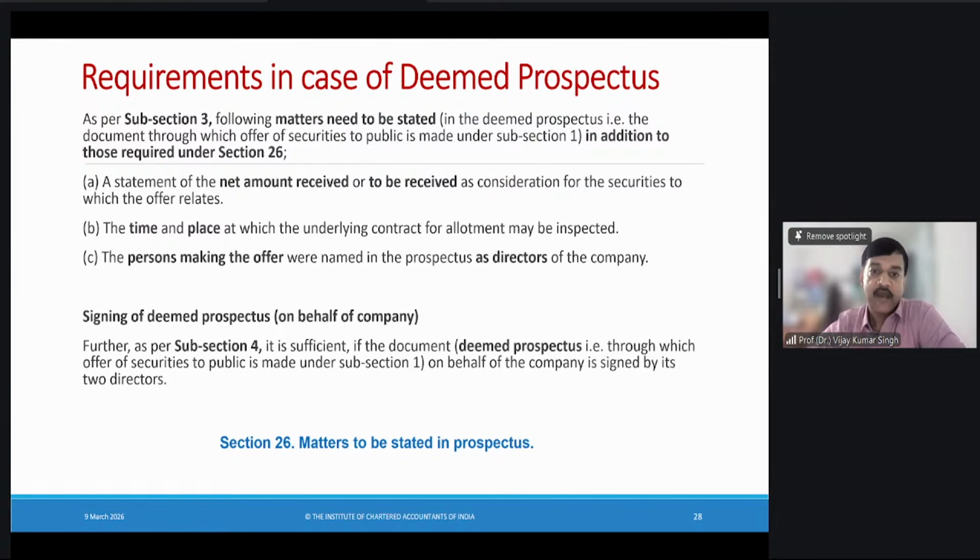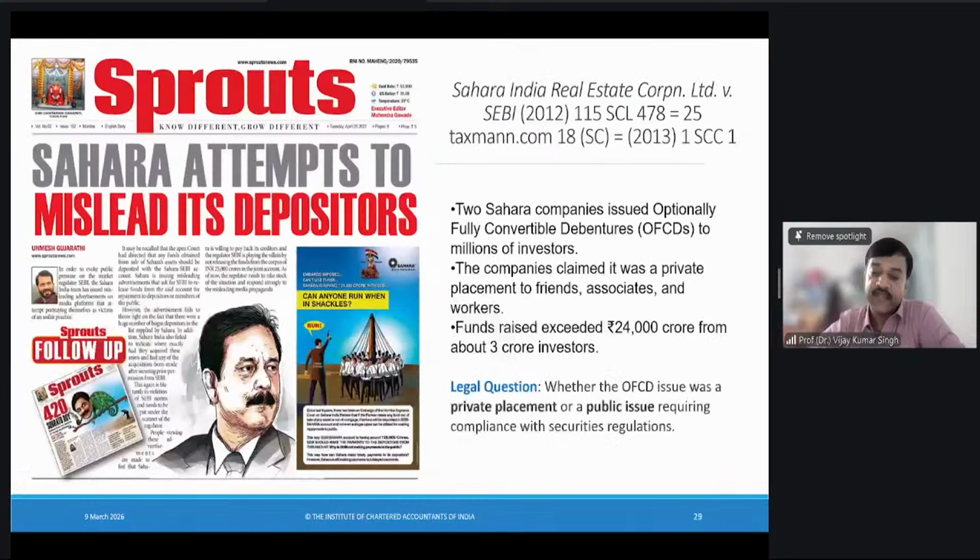Now, let us move ahead with an interesting case study, and you must have heard about it: Sahara's case. It is a very popular, landmark case as far as prospectus and allotment of securities are concerned. This was Sahara India Real Estate Corporation Limited versus SEBI, 2012, 115 SCL, 2013 1 SEC 1.